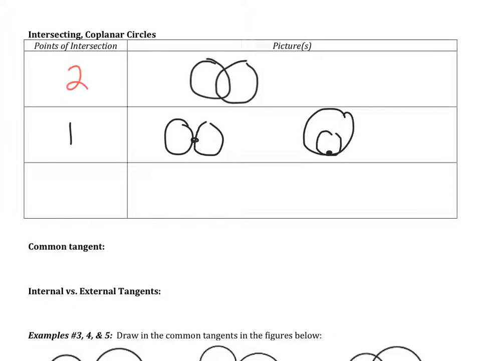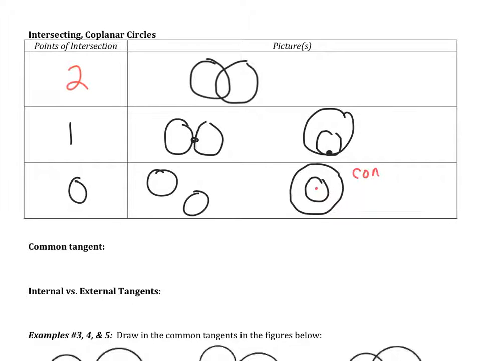Then you can have them not intersect at all, so you could just have two circles side by side. Or you can have one circle inside of another circle, think like a dartboard or a target. If they have the same center, they are called concentric circles. You'll see that phrase later, concentric circles. That means that they have the same center.